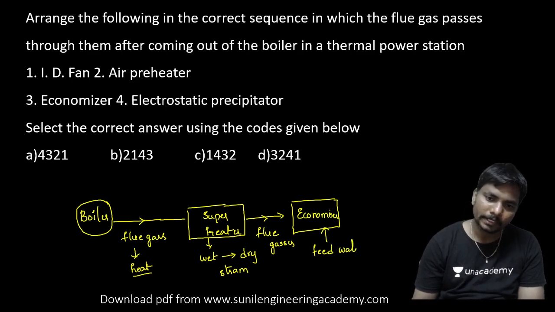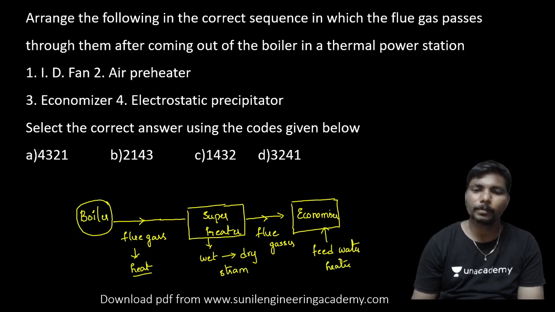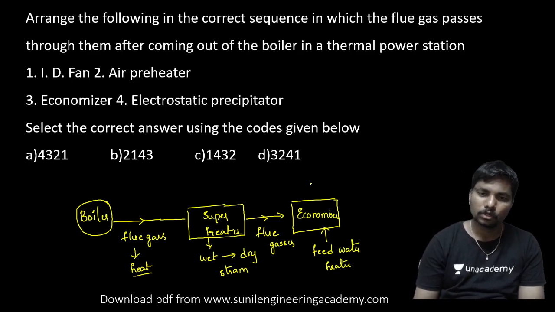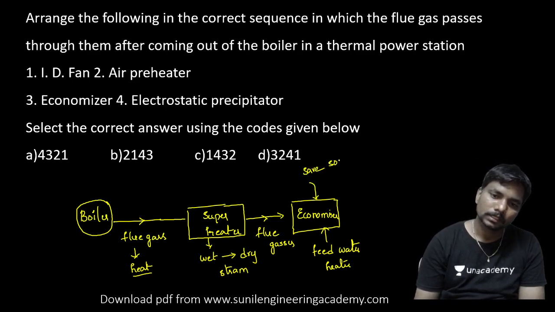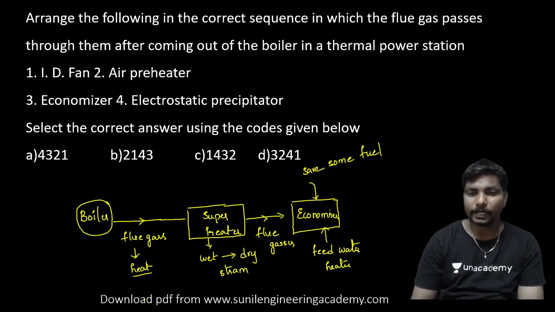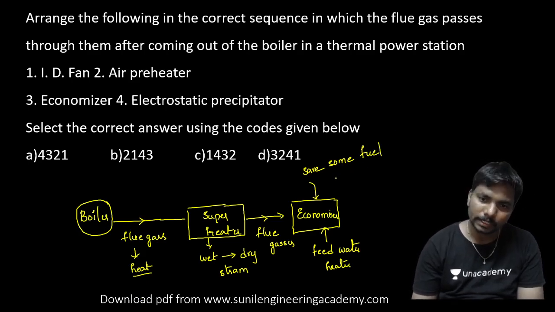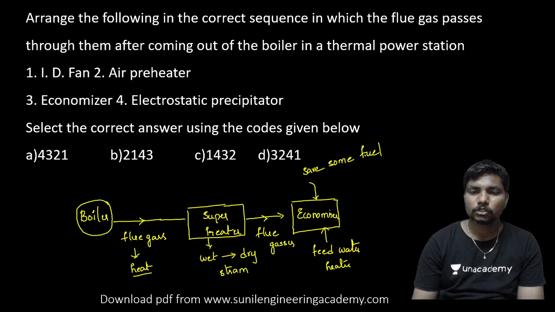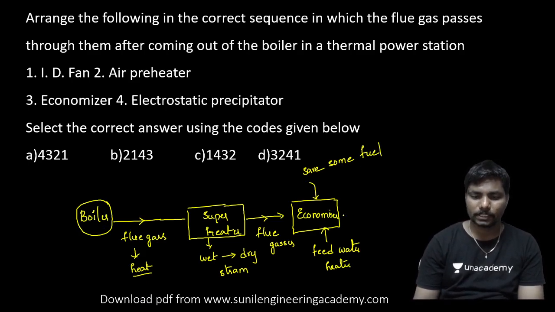So water enters into the economizer, and that water will be heated by the heat from the flue gases. So it saves some fuel to the boiler. Okay, so that's why it is an economizer. Saving some fuel means some fuel cost is reduced. So we can say it is the economizer.